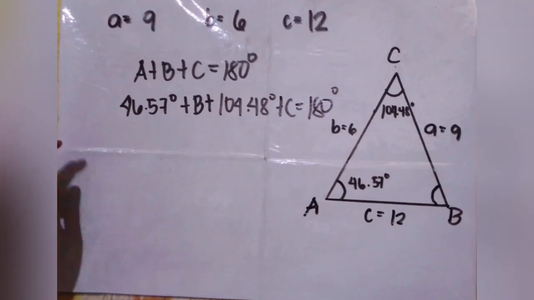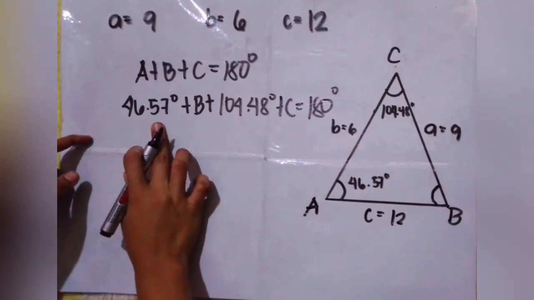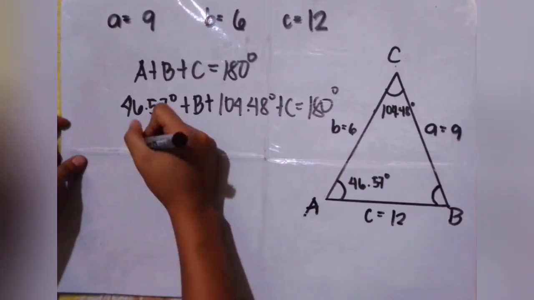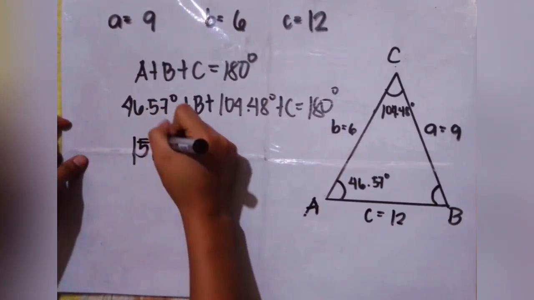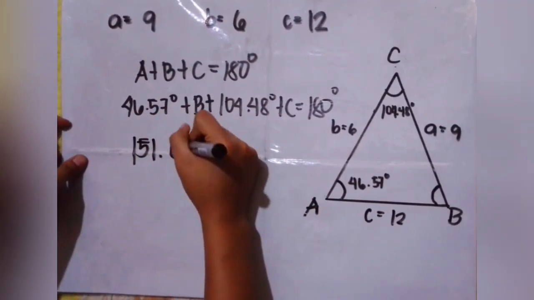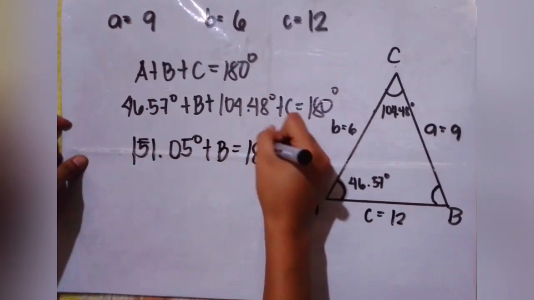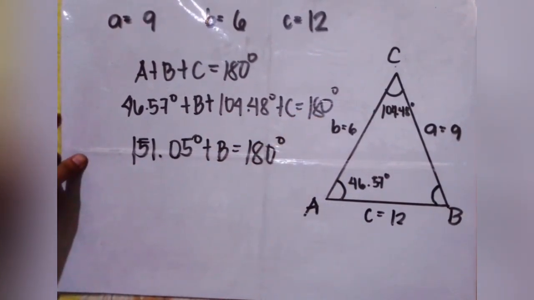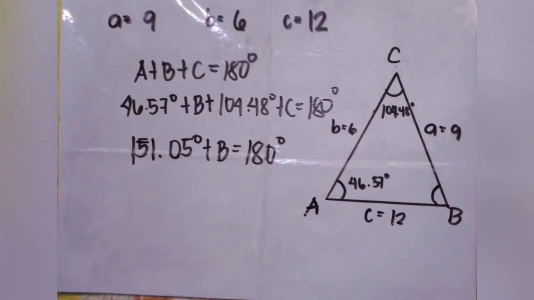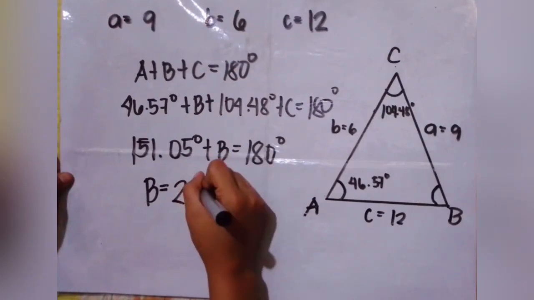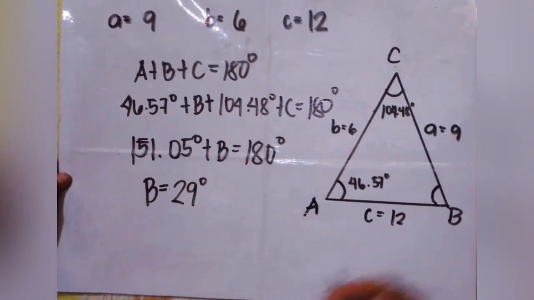Next, add the angle A and the angle C. 46.57 degrees plus 104.48 degrees is equal to 151.5 degrees, plus B is equal to 180 degrees. Then, subtract 151.5 degrees from both sides. Therefore, our angle B is equal to 29 degrees.